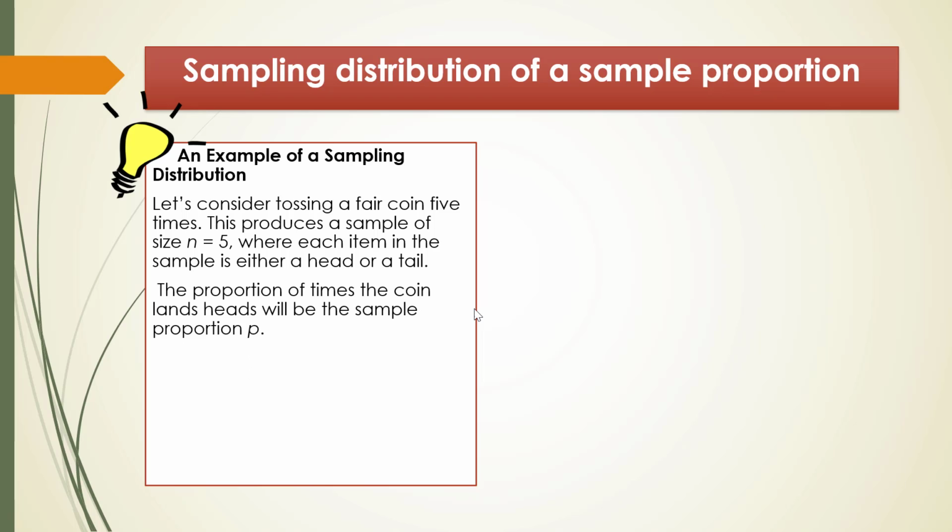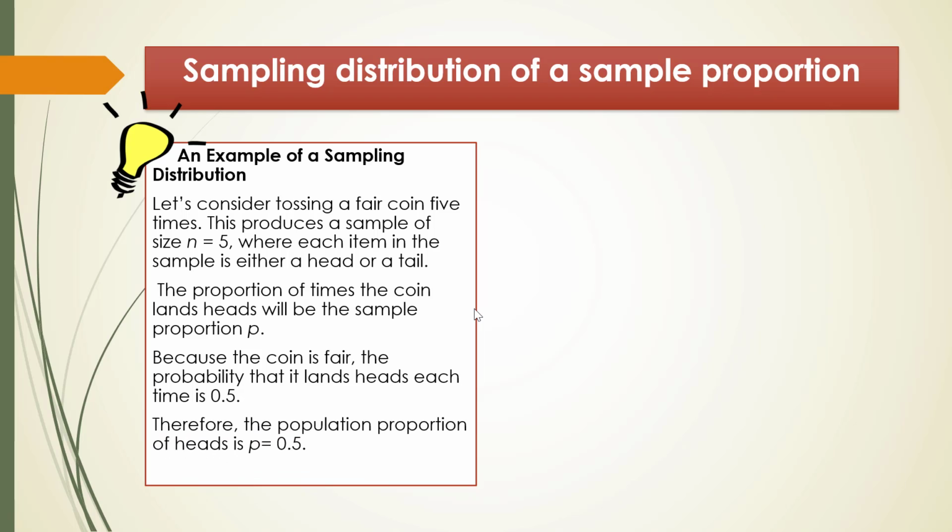The proportion of times the coin lands heads will be the sample proportion p hat. Because the coin is fair, the probability that it lands head each time is 0.5. Therefore, the population proportion of heads, p, is 0.5. Here is the population proportion. That means it's the theoretical value.